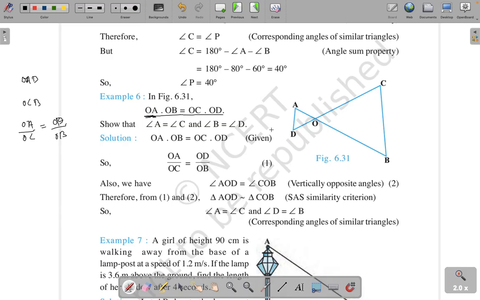These ratios are proportional, and then you can prove that this is equal to this vertically opposite angle. So the triangles are similar. And then you can check the sides. It can be OA, and then D is similar to OC, B.